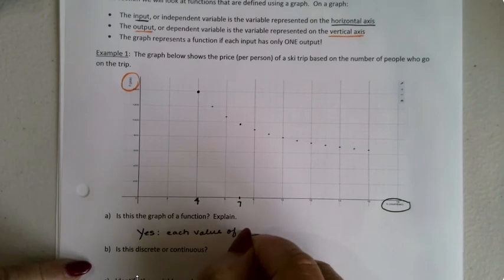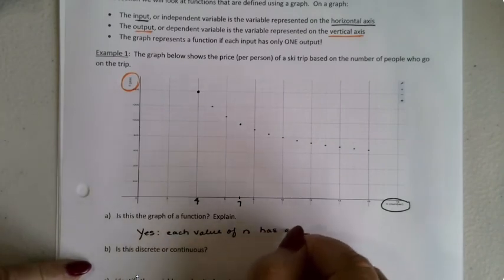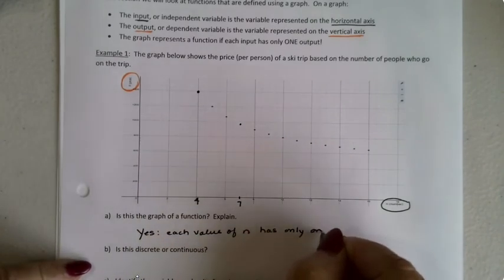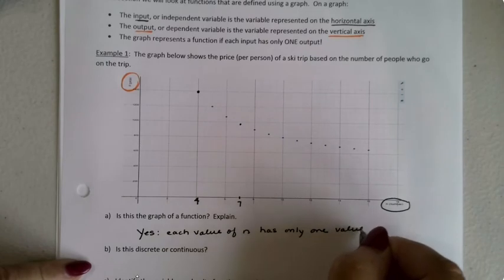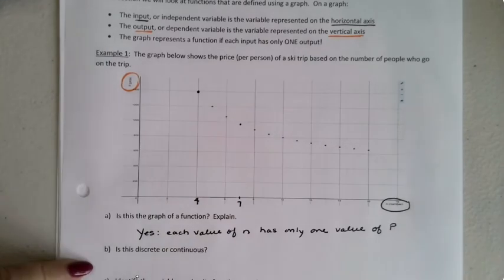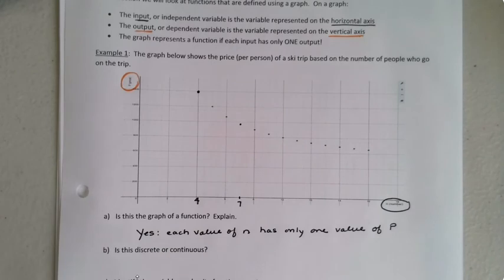Each value of n has only one value of p. And again, that's our typical explanation for a function, that every value of the input has exactly one value of the output. All right, the next question, is this discrete or continuous? Well, let's see.